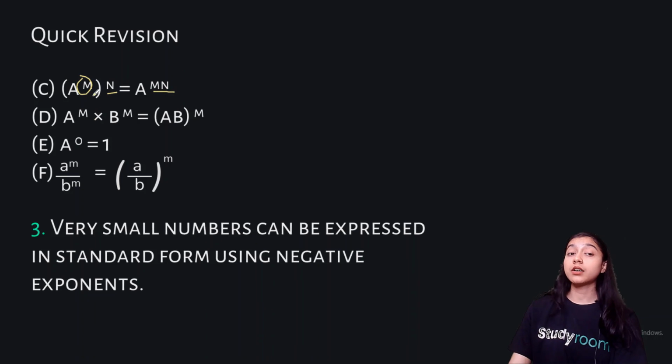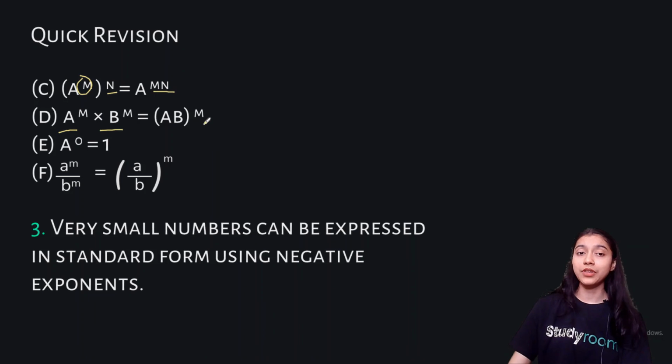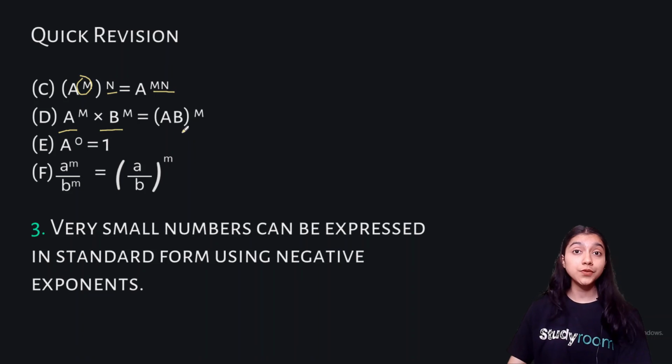The fourth law was that if we have a to the power of m and it is multiplied with b to the power m, that means the bases are not same, but the powers are same. So in that case, the bases get multiplied taking a common power, that is m. And this case was similar in case of division as well.